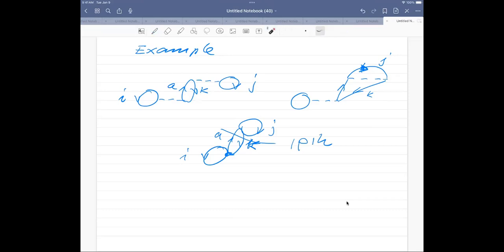You could think of the system being in the ground state, and you create a one particle, one hole excitation. So the interaction produces an intermediate state, which is a one particle, one hole Slater determinant. And then after some time, this gets de-excited and you go back to the ground state.